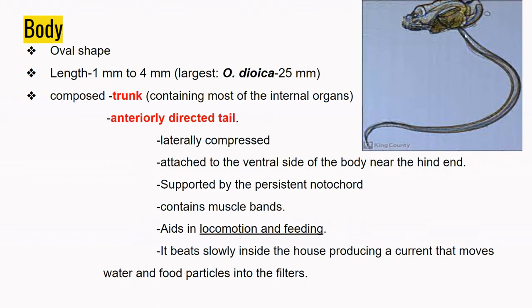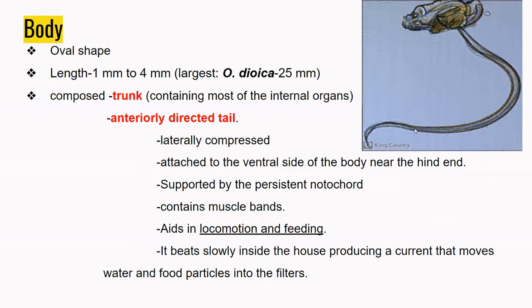When we speak about the tail, it is laterally compressed. It is attached to the ventral part of the body towards the back side, that is the posterior or hind end. So this is the dorsal side, this is the ventral side, anterior, and this is the posterior. So it is attached to the ventral side towards the hind end. And this tail is supported by a persistent notochord, and it also has muscle bands.